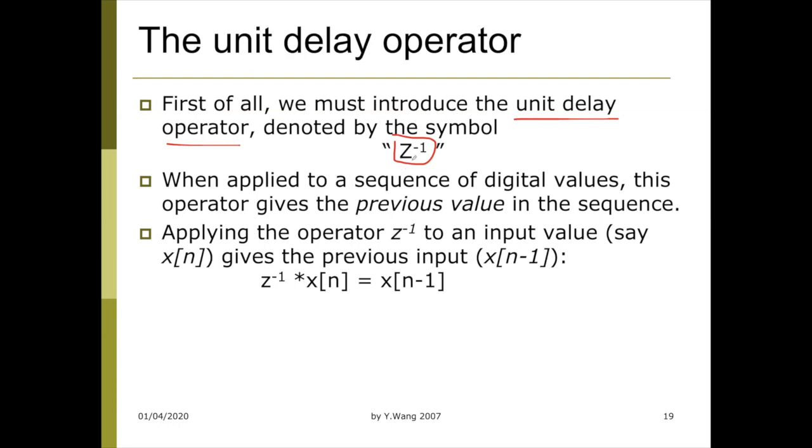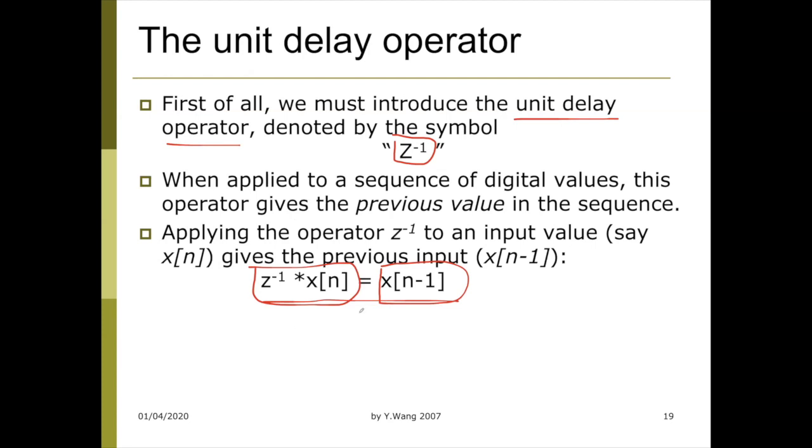Why it is z power minus 1, I don't know. There is certainly mathematical rigor behind that. We can skip that at the moment, because we will establish a simple relationship between the difference equation expression, which is here, and the delay unit expression, which is on the left side.